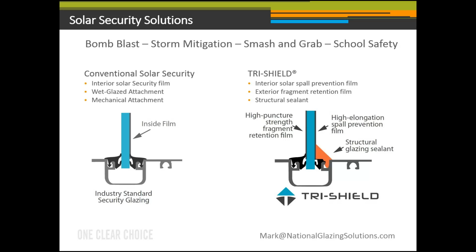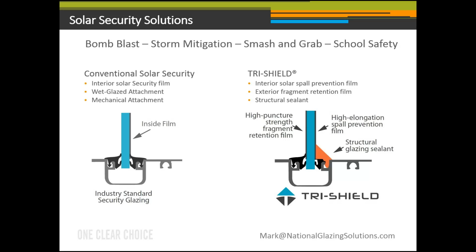Tri-Shield can do things that the other cannot when it's called for, in particular, smash and grab and school safety. A conventional solar security solution has a film like we talked about before. It's an integral solar film security film in one film. And it can be attached to the frame if need be with a wet glazed attachment and a mechanical attachment, but there's film on one side.